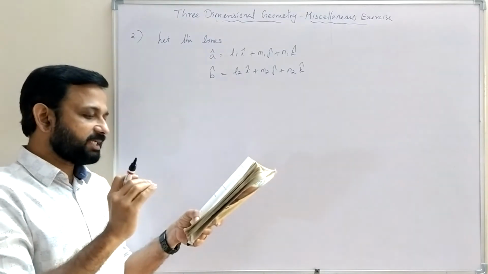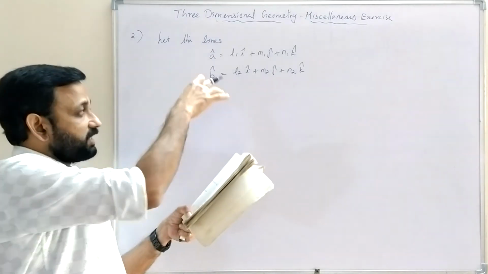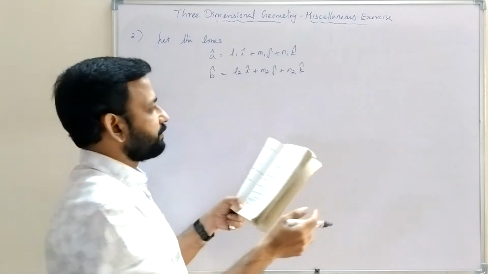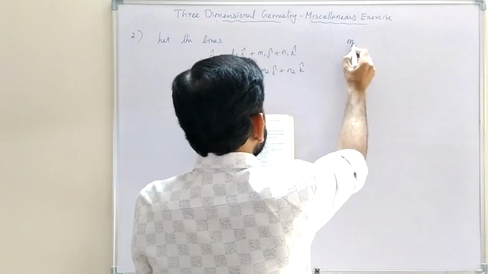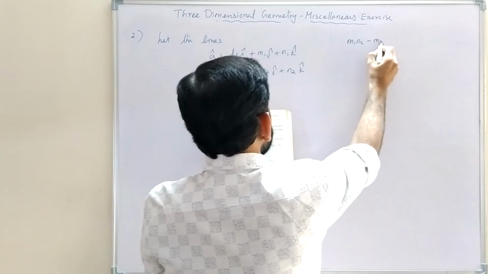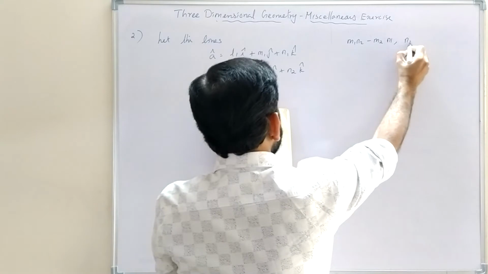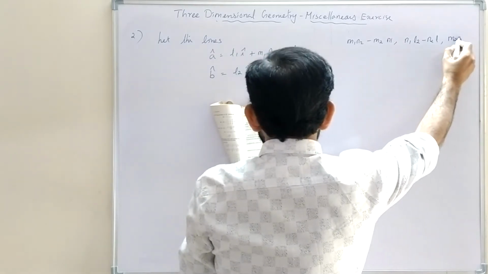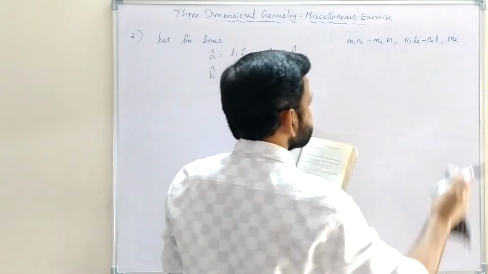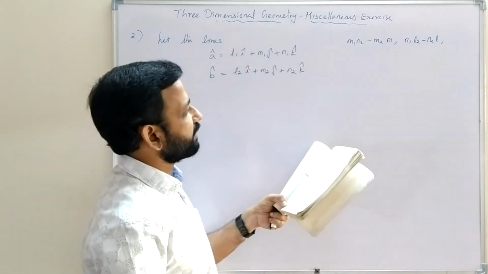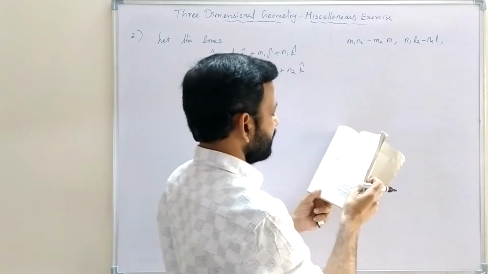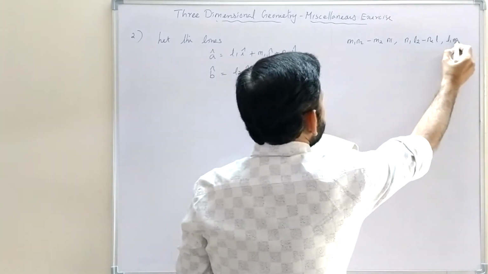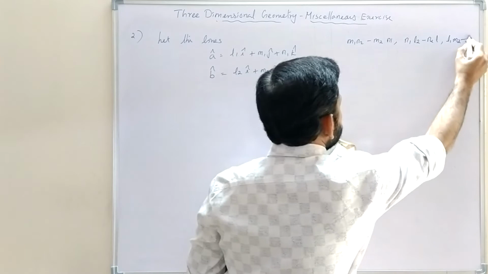Our question is, show that the direction cosines of a line perpendicular to both of these are M1N2 minus M2N1, N1L2 minus N2L1, and L1M2 minus L2M1.